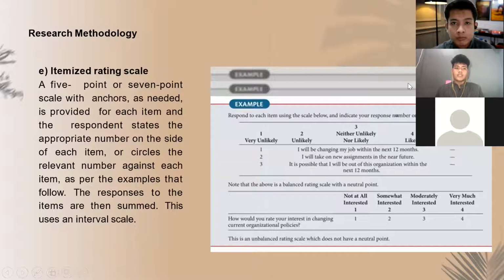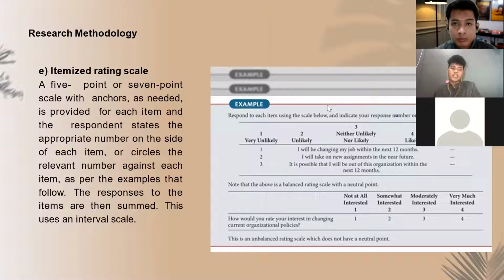Okay, next is the fifth, the itemized rating scale. A 5-point or 7-point scale with anchors as needed is provided for each item, and the respondent states the appropriate number on the side of each item, or circles the relevant number against each item. As per the example that follows, the responses to the items are summed.